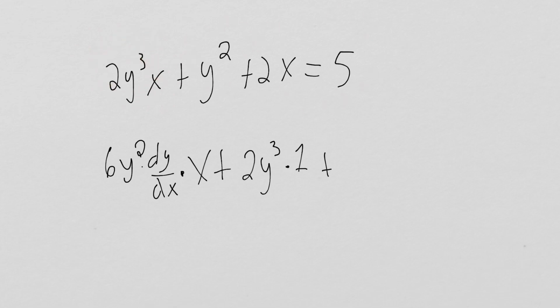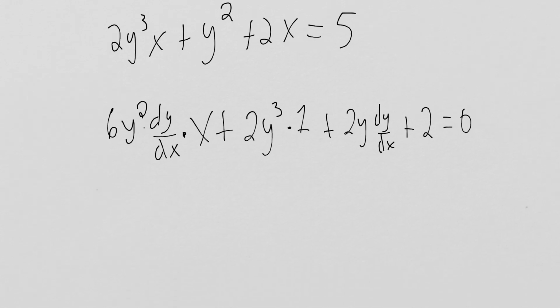So next we have the derivative of y squared, which is 2y dy/dx. Okay, plus the derivative of 2x is just 2, and that's equal to 0. So again, we identify that we have a dy/dx there and here, so we're going to get everything else out of here.